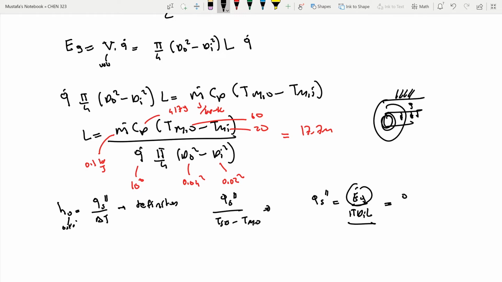And this is equal to Q dot over 4, the outer square minus the inner square, over d_i. So that means we have Q surface is equal to 1.5 times 10 to the 4 watt per meter square.